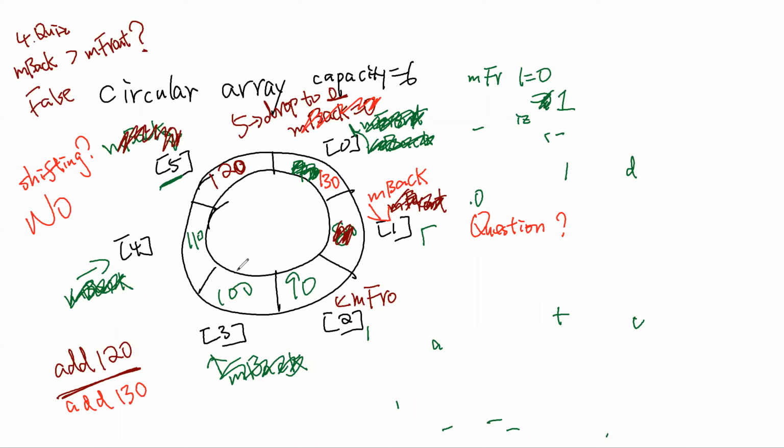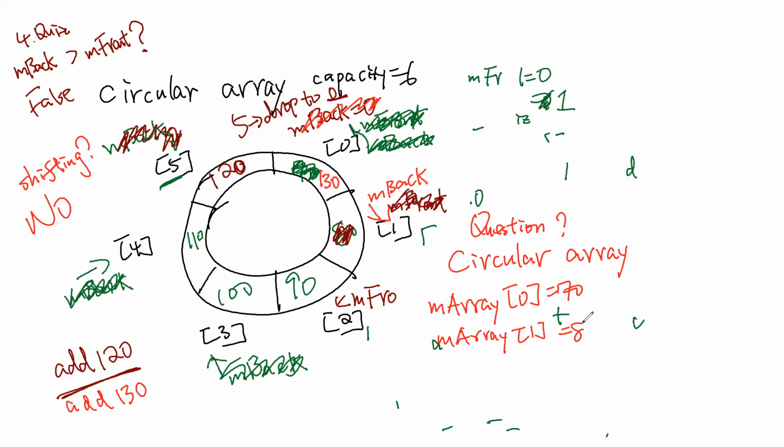when we visualize, we see it's a circular array concept. But the question is, in computer science, how do we represent a circular array? In this case, we have that M array. M array sub 0 is 70, and M array sub 1 is 80, and we do M array sub 4 to 110.